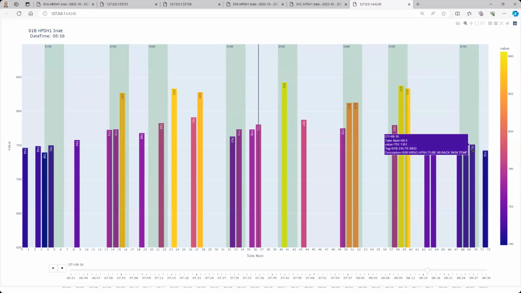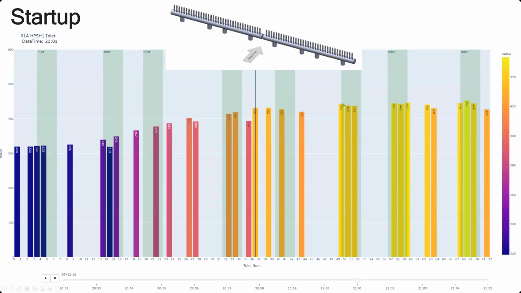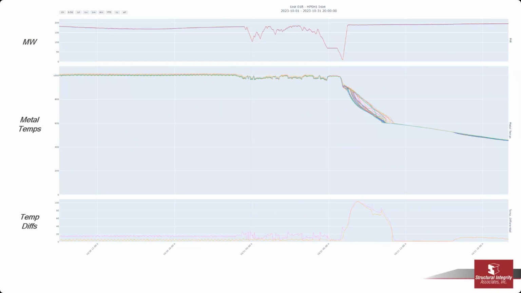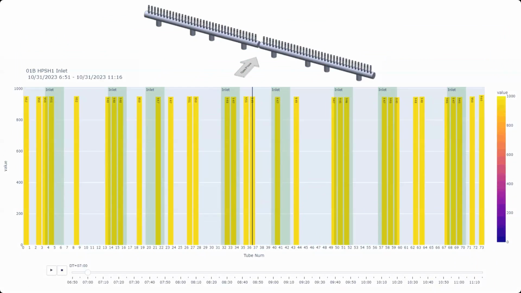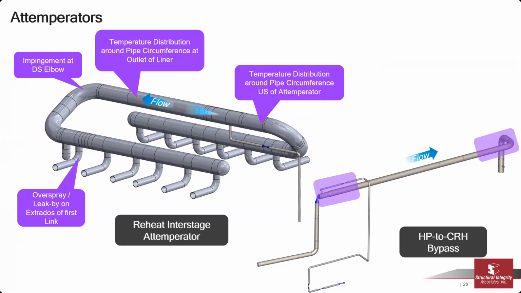So this is one of the factors that we're looking at in terms of damage accumulation. I think this is a summary of those tubes. I'm going to leave the attemperators and bypasses for a bunch of the other case studies. We'll go through these.